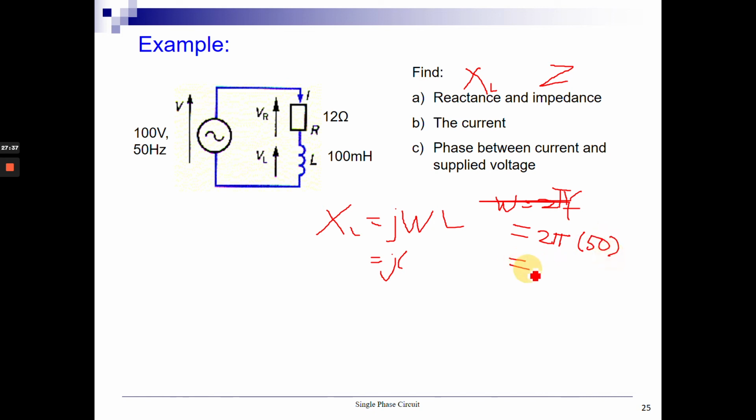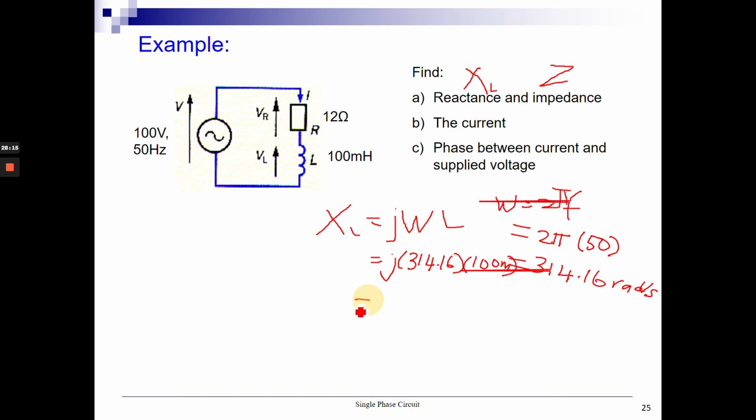So 2 pi times 50 is 314.16 radian per second. So 314.16 times your L, which is 100 milli.